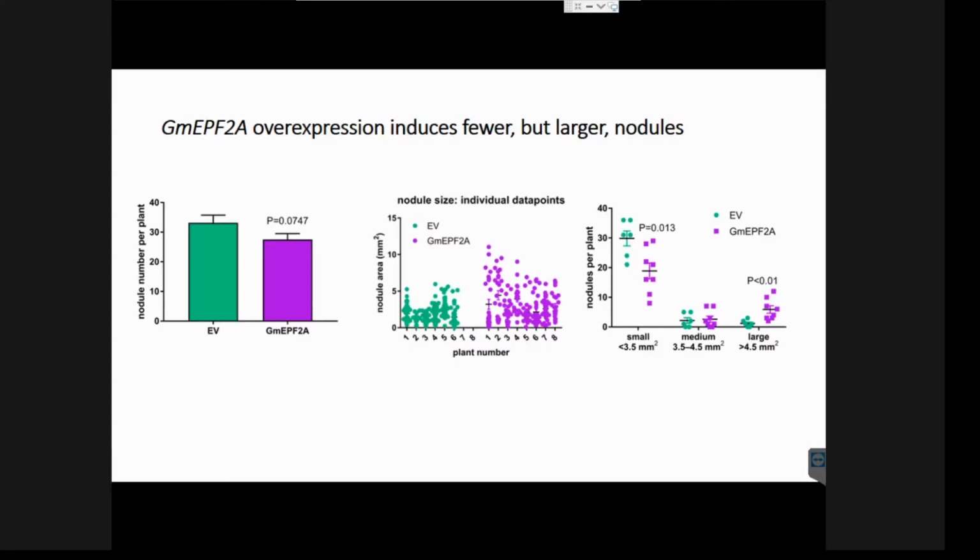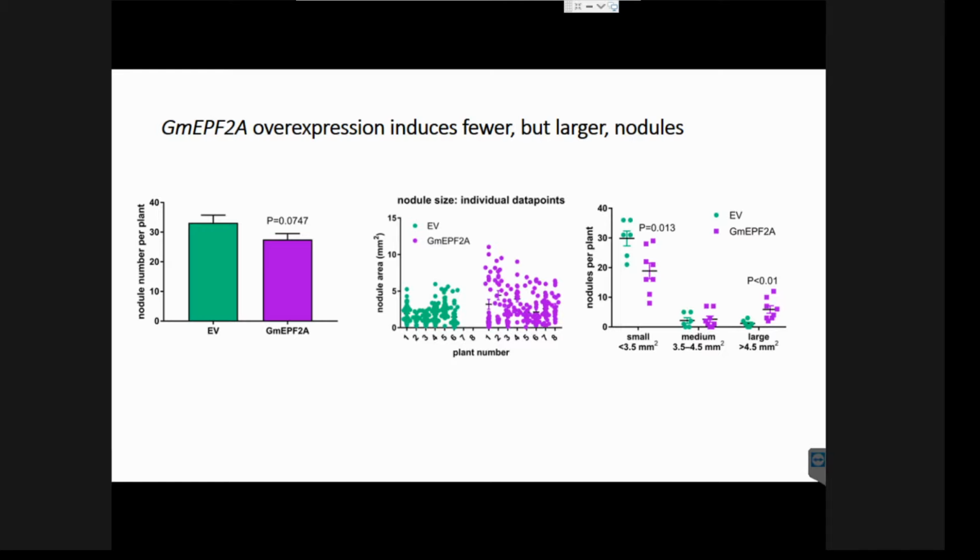Now, in terms of nodule number per plant, we have a small but not significant reduction in nodule number if we express this EPF2 in the roots. Remember, this EPF2 is not normally in the roots. And in terms of nodule area, there's a significant increase in nodule size.